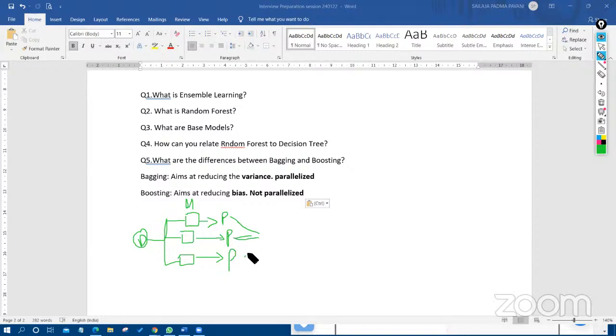You are choosing the best one. This type of work is called bagging. Are you able to see what I am writing on the screen? So these things are going on in parallel.